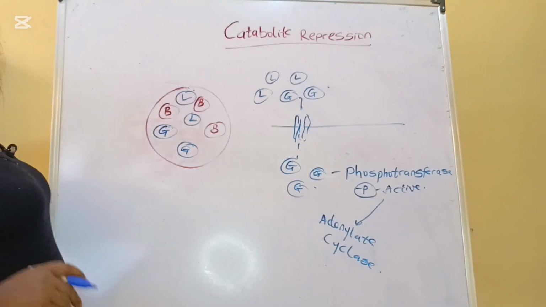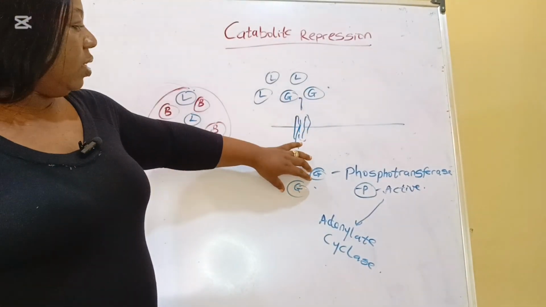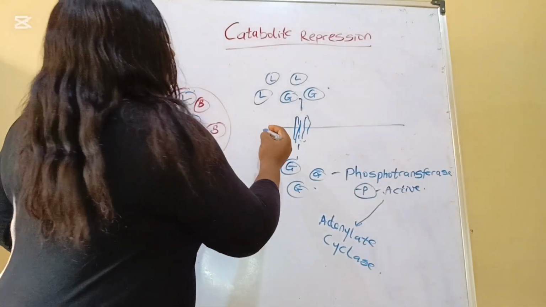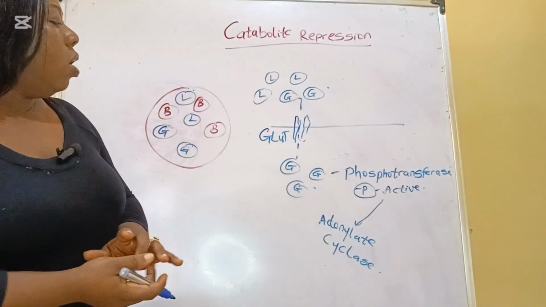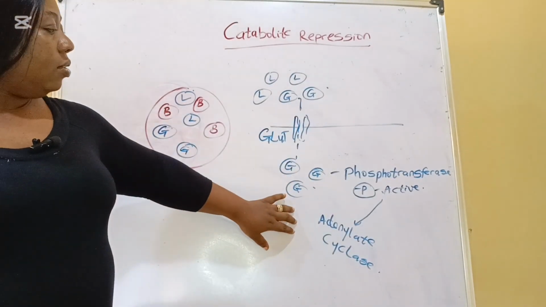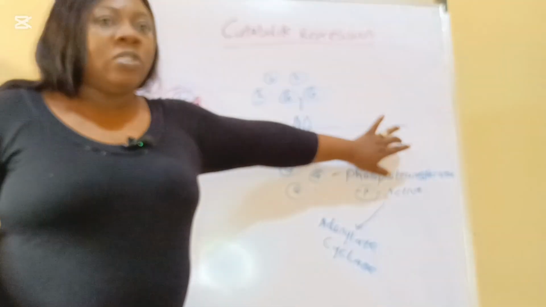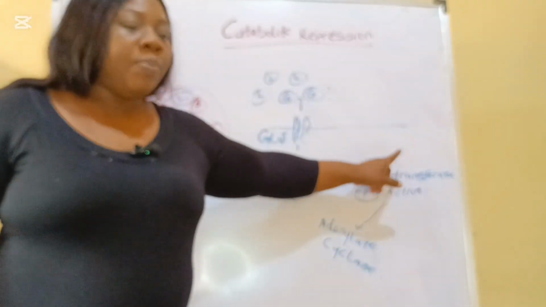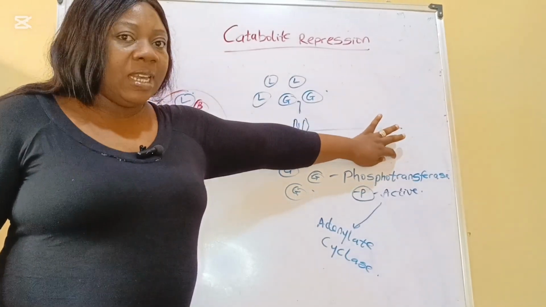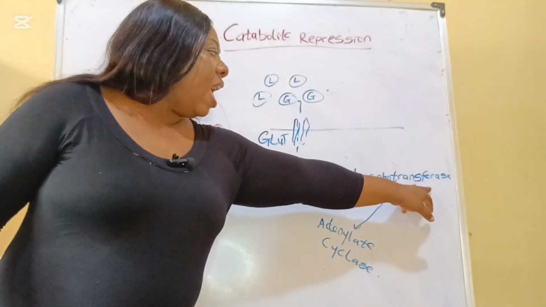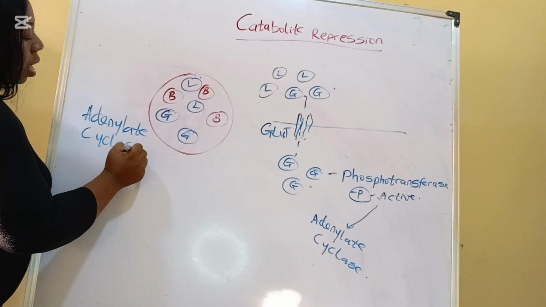So glucose enters the cell through the glucose transporter, and it activates this enzyme by dephosphorylating it. After this phosphotransferase enzyme is activated, it will help to inhibit this enzyme, which is adenylate cyclase.